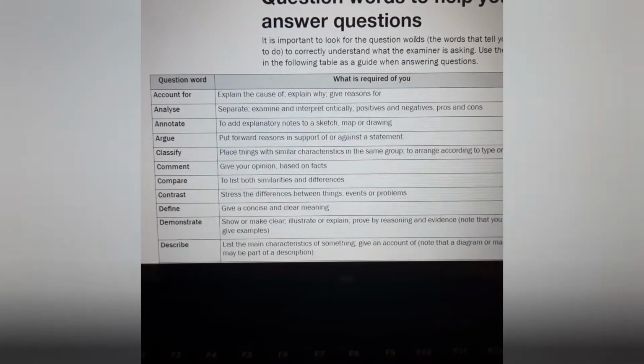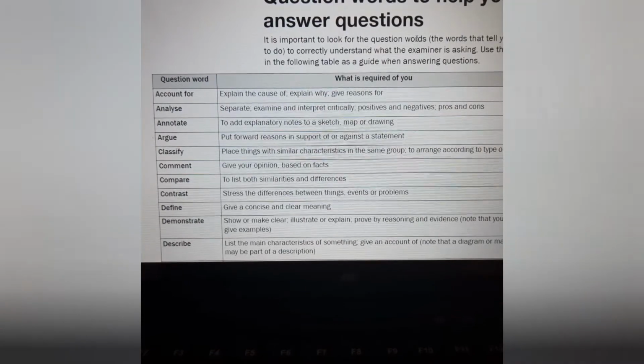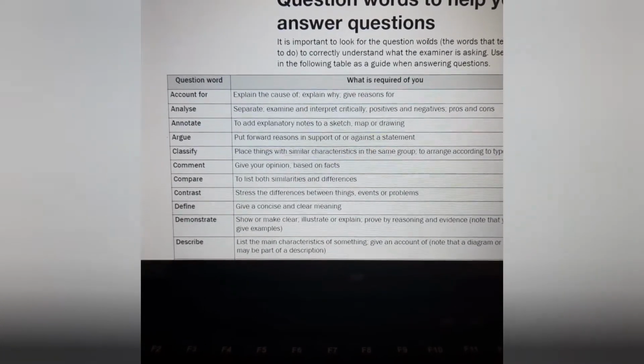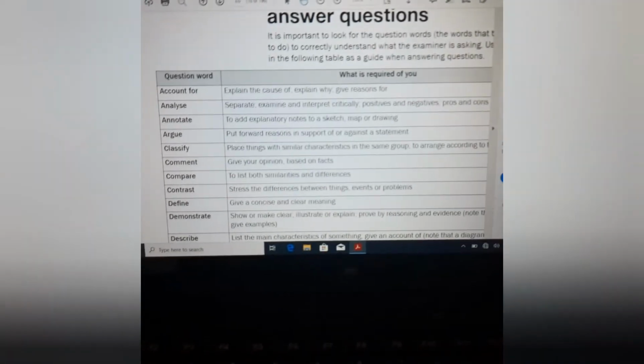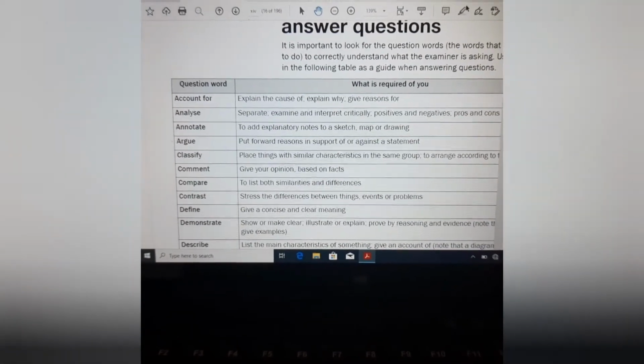Construct, stress the differences between things, events, or problems. That's you constructing. Define, you give a concise and clear meaning. You give a definition of what you're being asked for. I would really advise you guys to dwell more also on the theory part, because Geography is based on paper 1 and paper 2.